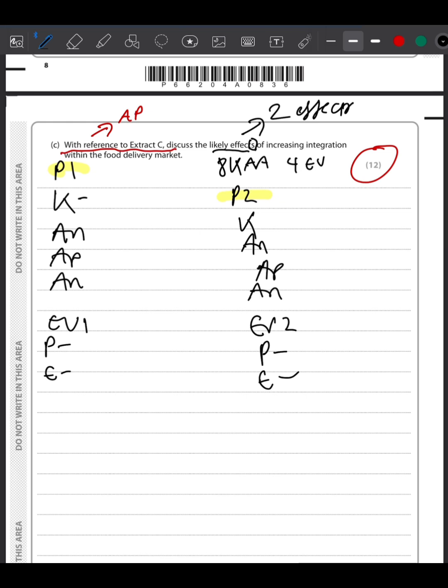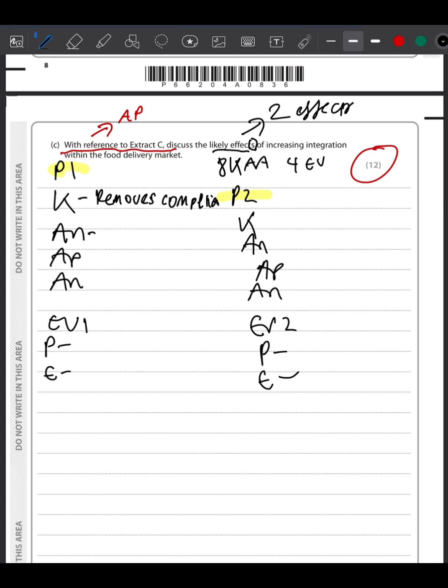First of all, I would say my point would be it removes competition, because if initially Uber Eats and Deliveroo are competing against each other, and they become one firm, for example, Deliver Eats, if you merge the name together, that's the new company, it would essentially remove the competition between them. So one likely effect of increasing integration within the food delivery market is that it removes competition.